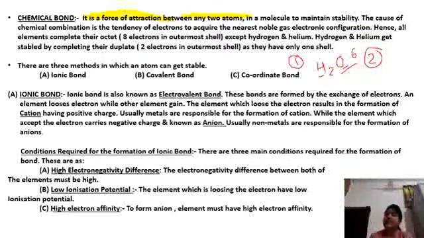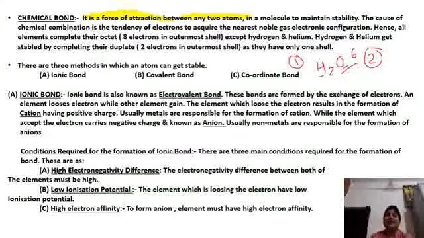अब ये बात कैसे पता चली? Because to get stability, each element requires the minimum number of electrons, that is 8 electrons in its outermost shell.